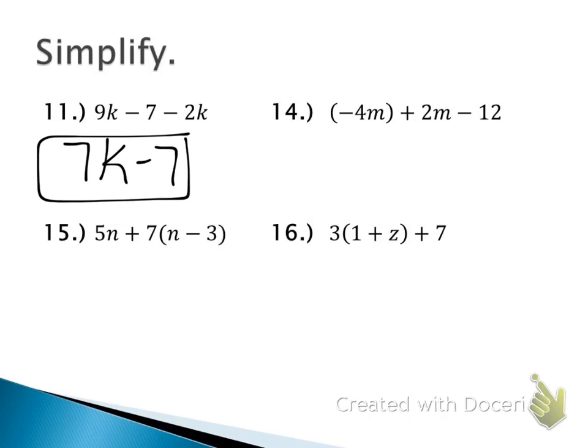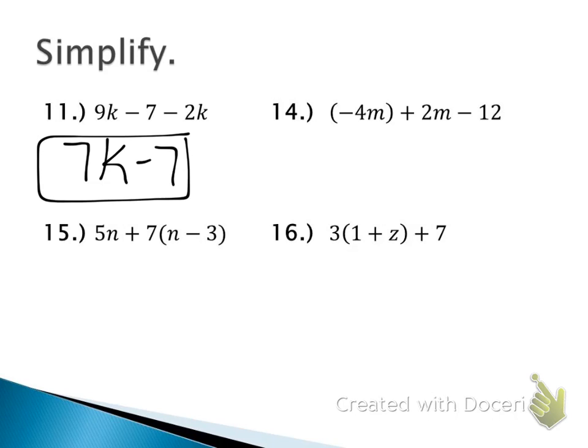Alright, number 14. Shannon, what did you get? Negative 4m. Just negative 4m? Okay. I think we need to use this negative 4m and combine it with the positive 2m. So if I take negative 4 plus 2, what do I get?